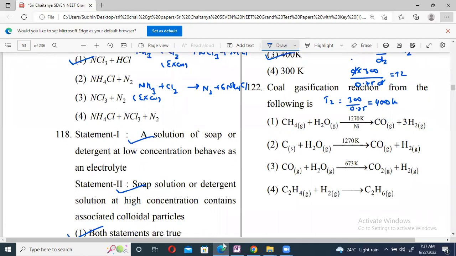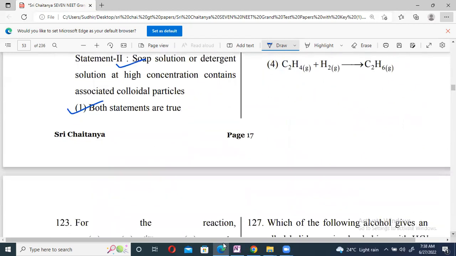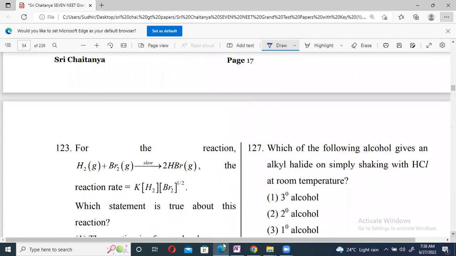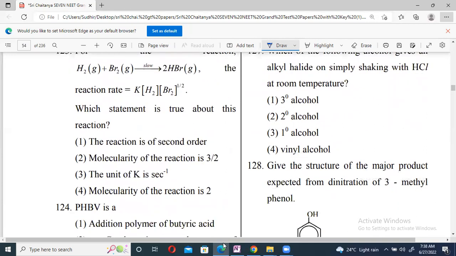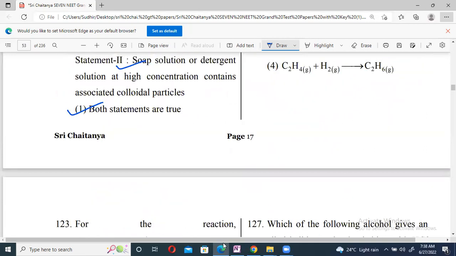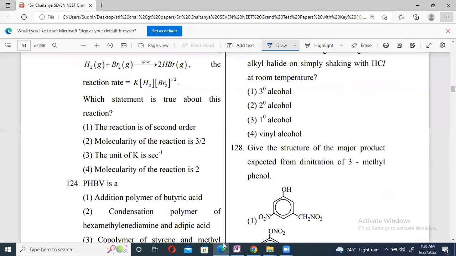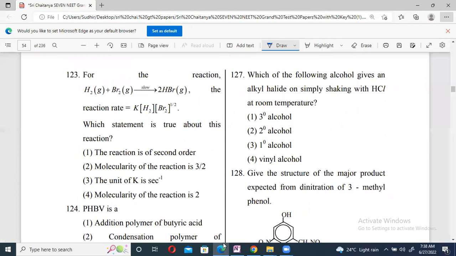But a coal gasification from the following reaction, NCERT, everybody knows that. Carbon solid plus H2O gas at 1270 K gives CO plus H2. That is a coal gasification reaction. Now 123. For this reaction, the rate of reaction is given.